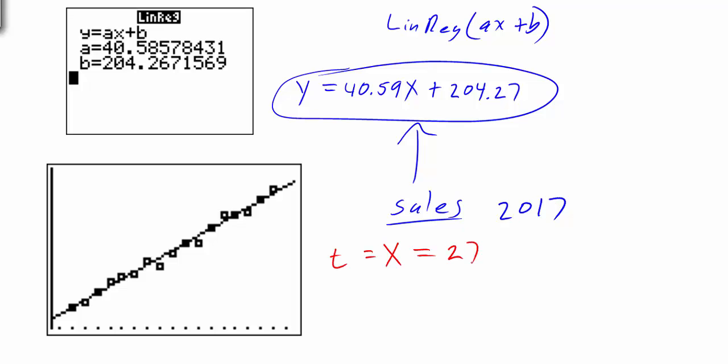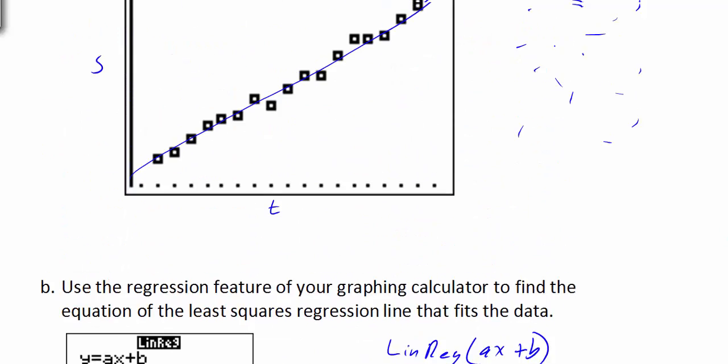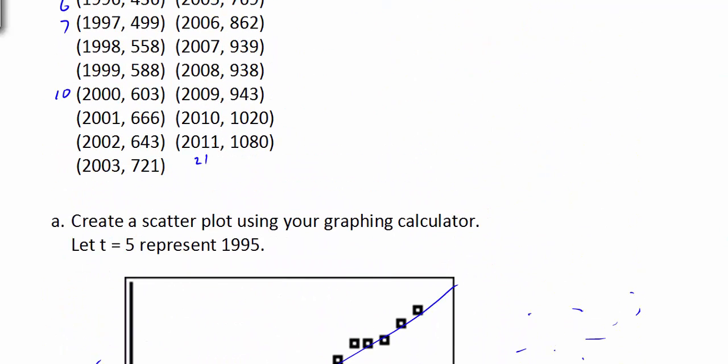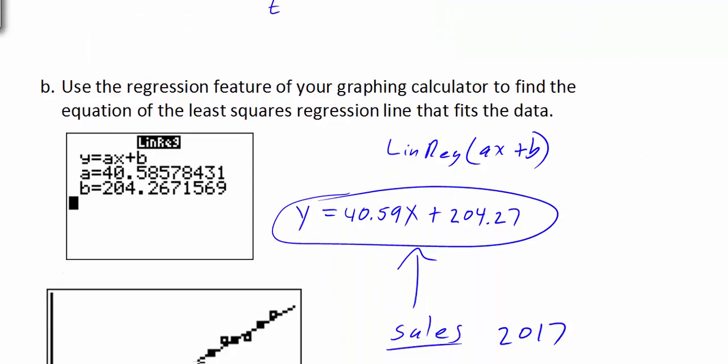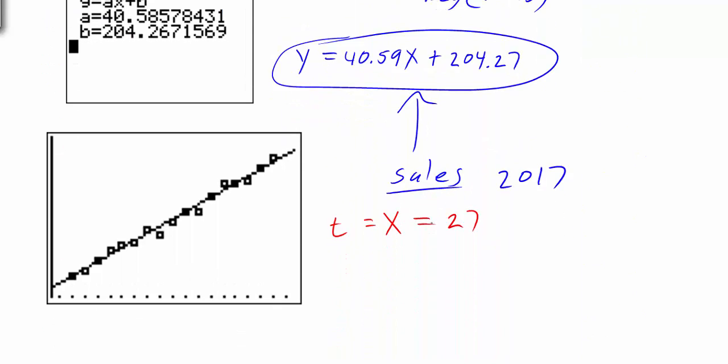Remember we said 27? Because if we were to count up, we said that 2011 was representing 21. So if we go to 2017, then x is equal to 27. So we would plug 27 in for x. So y equals 40.59 times 27 plus 204.27, and that would tell us the prediction of sales in that year.